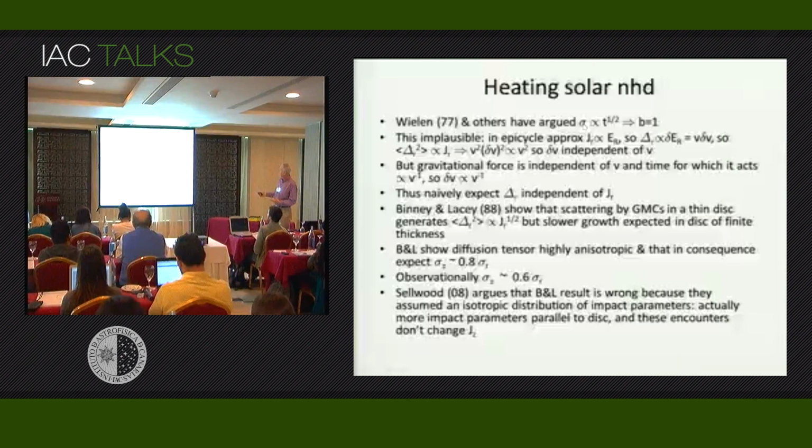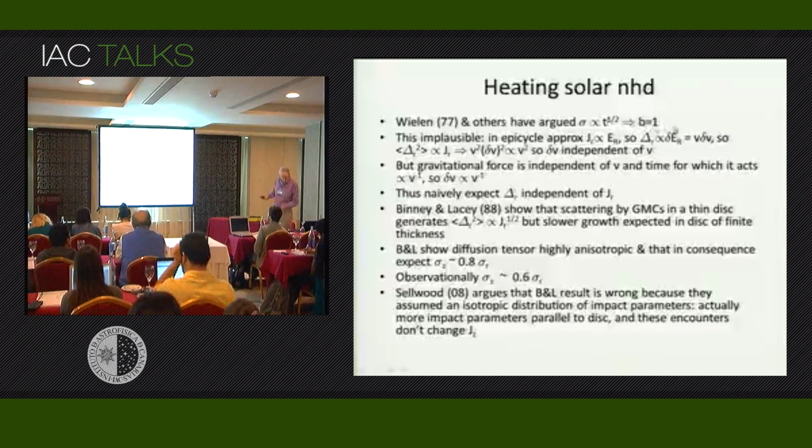Now, in a famous paper, Roland Wielen, 1977, argued that what we're talking about here is a naive diffusion process, and that the data supports that the velocity dispersion increases like the square root of time.